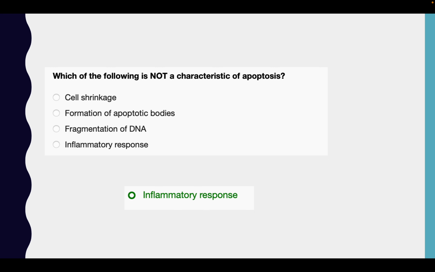Various apoptotic bodies are formed in the surroundings. Apoptosis does not involve any inflammatory response. In necrosis there will be cell lysis, inflammation, and then cells die abnormally. Apoptosis is a very controlled process in which there is no inflammation. Morphological changes will occur: cell shrinkage, chromatin condensation, nuclear fragmentation, formation of apoptotic bodies. Since the apoptotic cell membrane remains intact and is efficiently cleared by phagocytes, it does not trigger any inflammatory response.